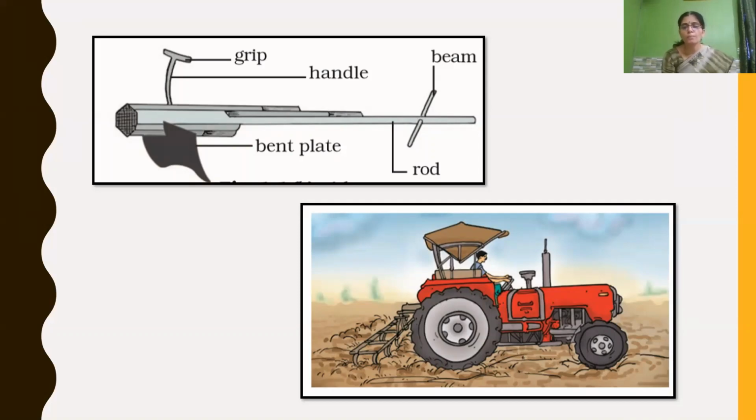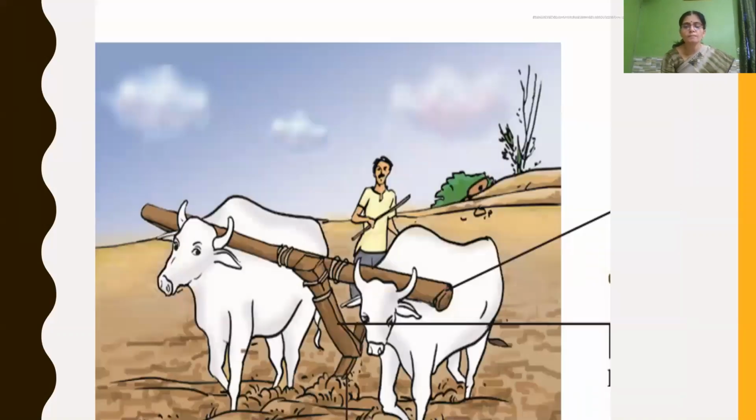And in the picture below, it is called a cultivator. The cultivator, that is the tractor, is used to plow the field. It is a modern method of plowing the field.